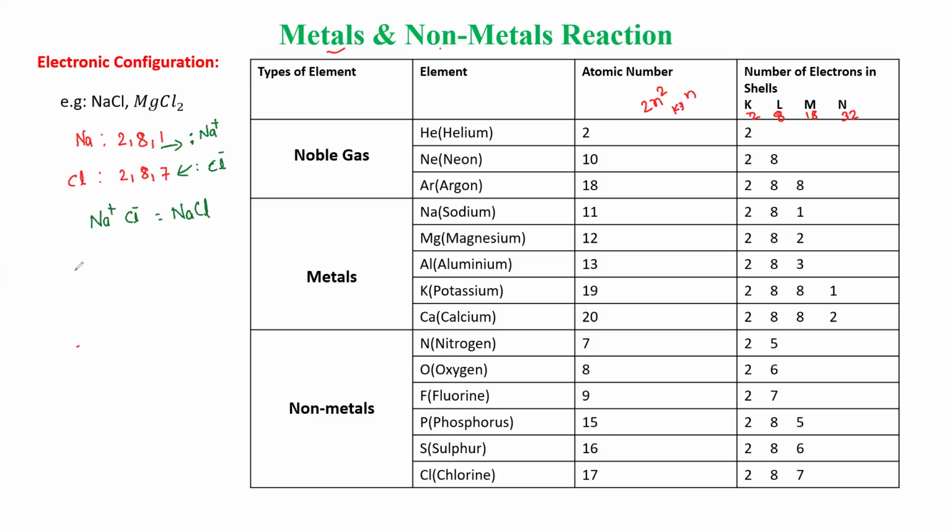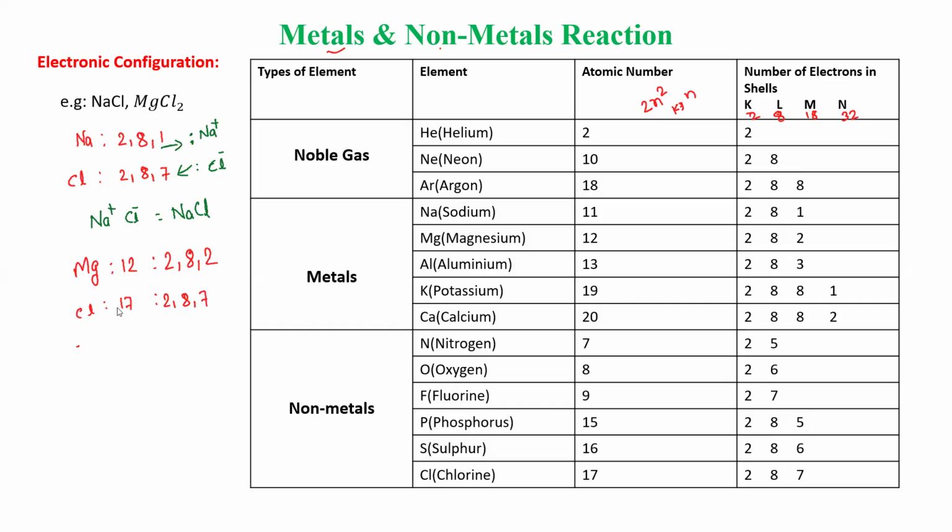Similarly, if you see magnesium chloride, for magnesium the atomic number, which is always important, is 12. So its electronic configuration is arranged as 2,8,2, so it can lose 2 electrons. And Cl, we have already seen, has atomic number 17, so it's arranged as 2,8,7.